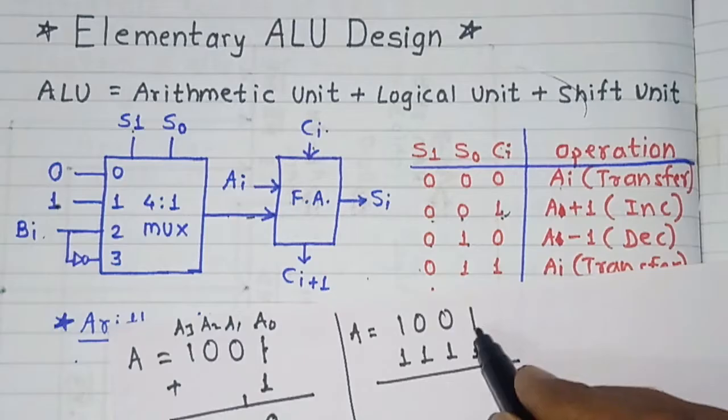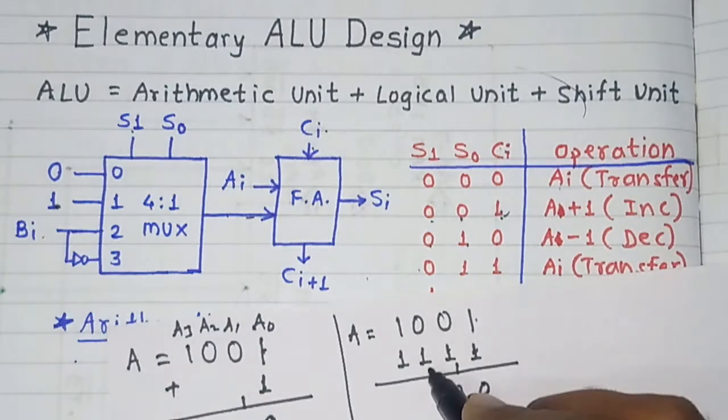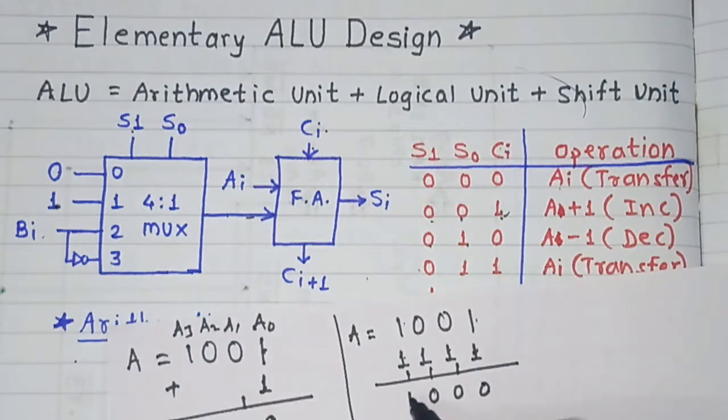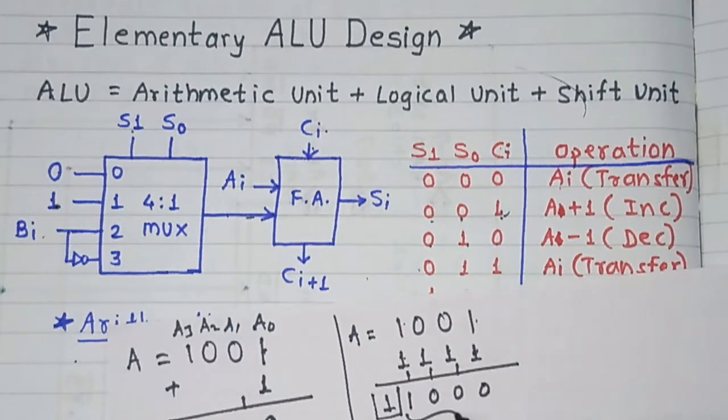What will be the result? 1 plus 1 is 0 carry 1, 1 plus 1 is 0 carry 1, 1 plus 1 is 0 carry 1, and 1 plus 1 plus 1 is 3, which in binary is 1 carry 1. Just ignore this carry, and what is this 4-bit value?